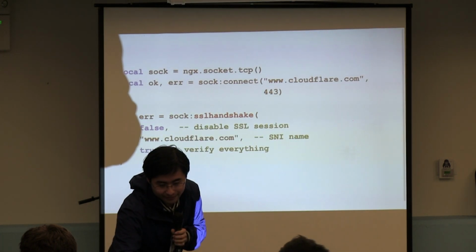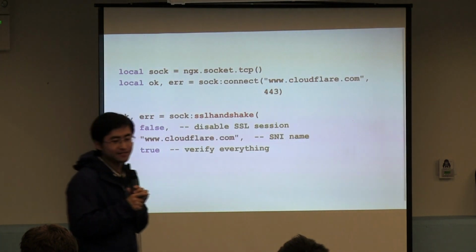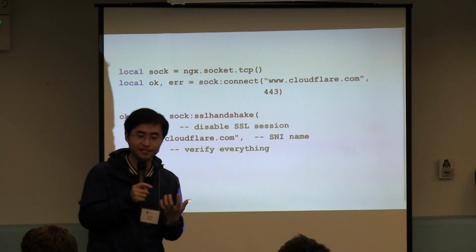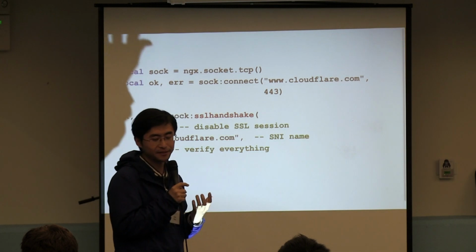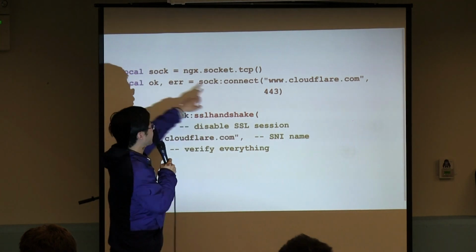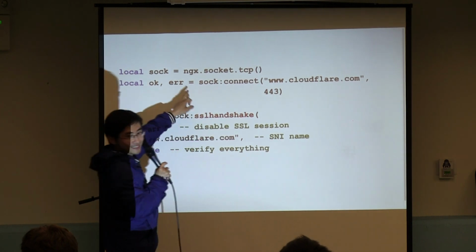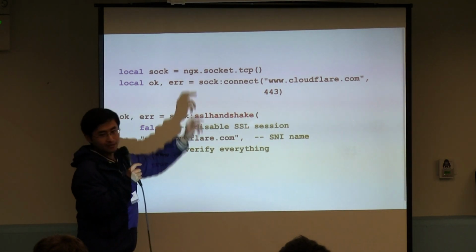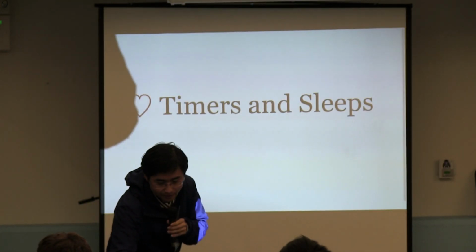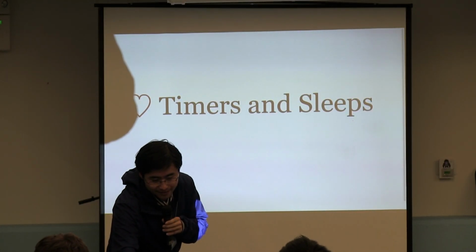Also, all operations are similar to the Lua socket library, and, for example, connect returns when the operation completes. So you don't need callbacks or anything. And also SSL handshake.